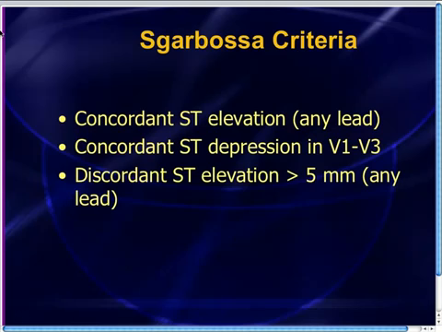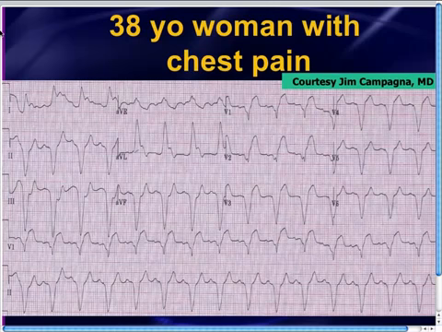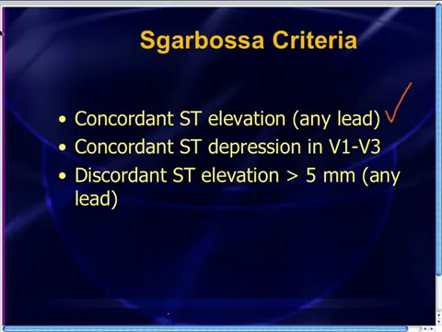If you see ST elevation in the same direction of the QRS complex, like we just saw here in AVL and lead 1, if you see ST depression in the same direction as the QRS in V1, V2, V3, as we saw in Dr. Anderson's case, or if you see ST elevation in the opposite direction, but too much, by more than 5 millimeters, then that also is fairly specific for a myocardial infarction.